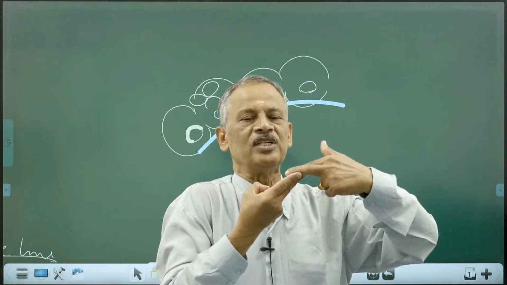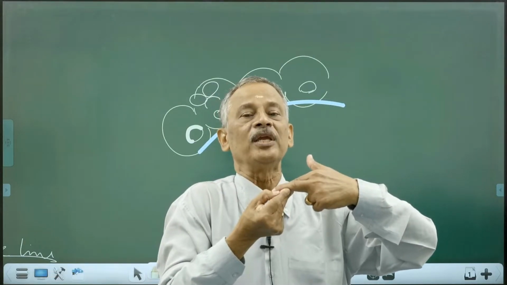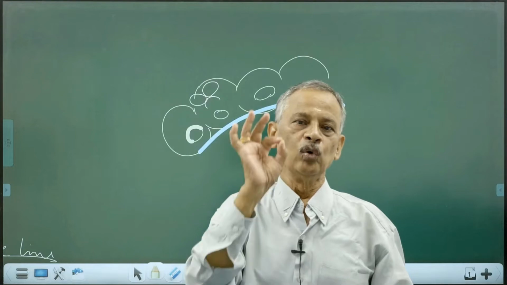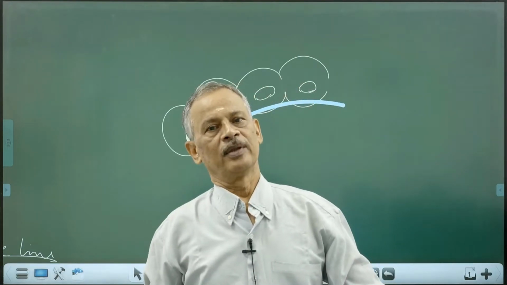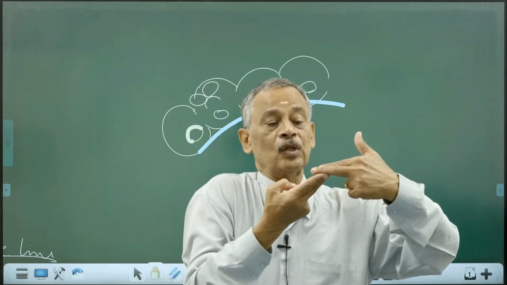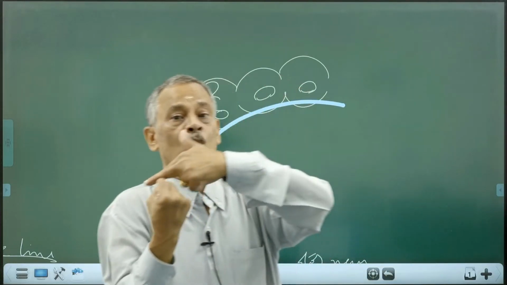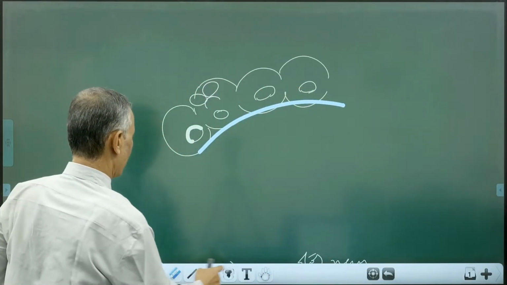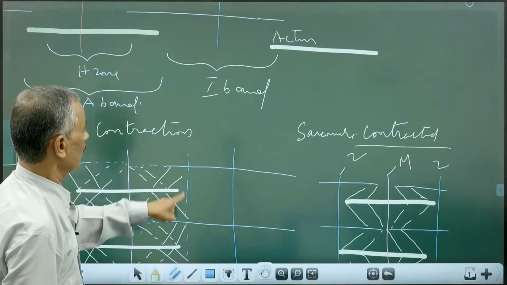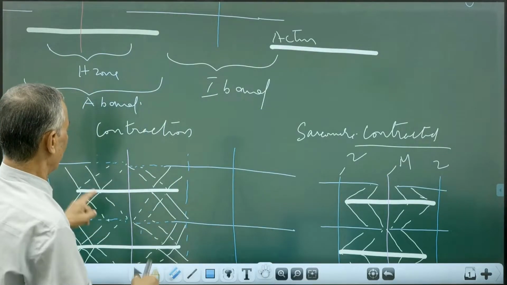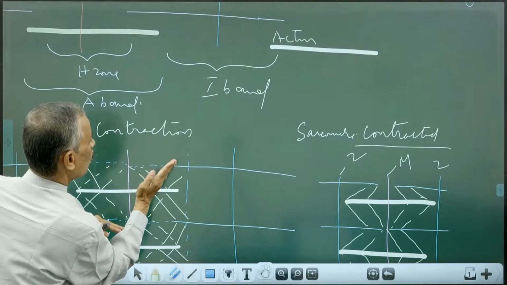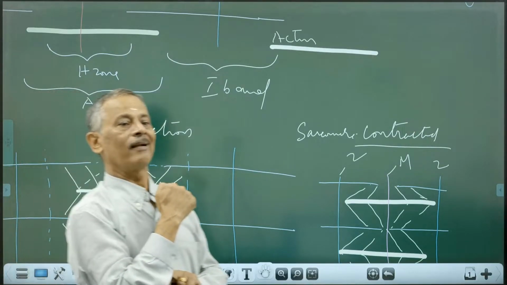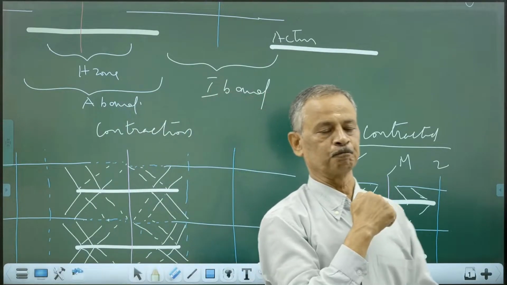Once cross bridge is established, the ATP is split and the energy is released. Using that energy, the head is moving into the opposite direction. Remember, the head is connected to the thin filaments and the head is moving to the opposite direction, which is given in our book as contraction.